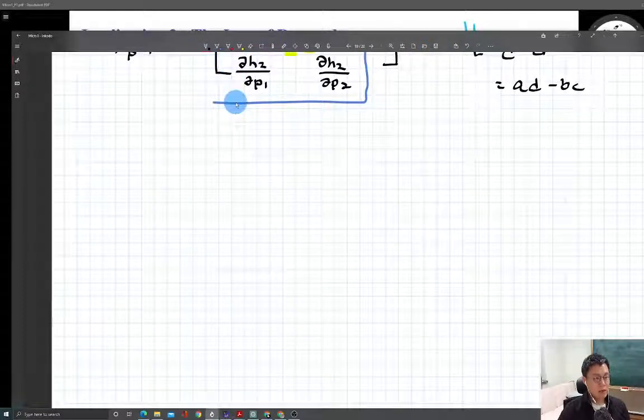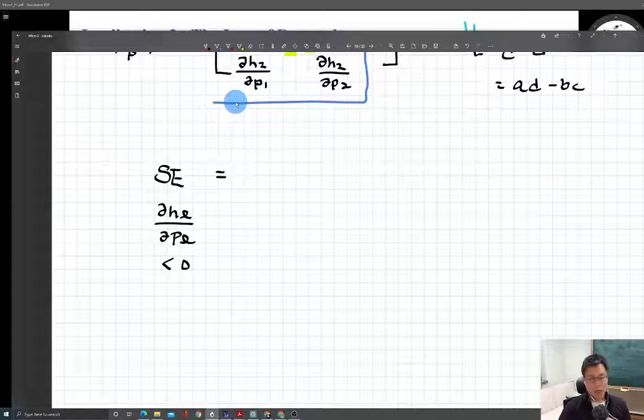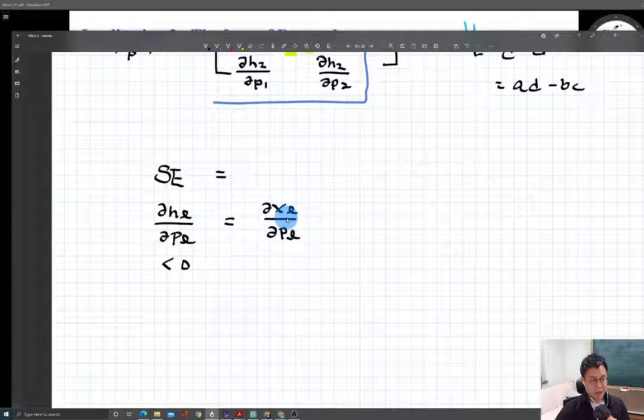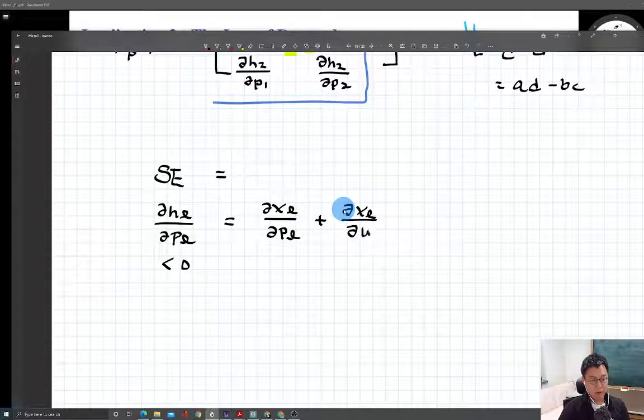We know this guy is always negative, and by the Slutsky equation, the total effect is equal to the substitution effect, plus the derivative of X_L with respect to W times X_L. That is of our interest: we want to see whether the total effect is a positive or negative value.